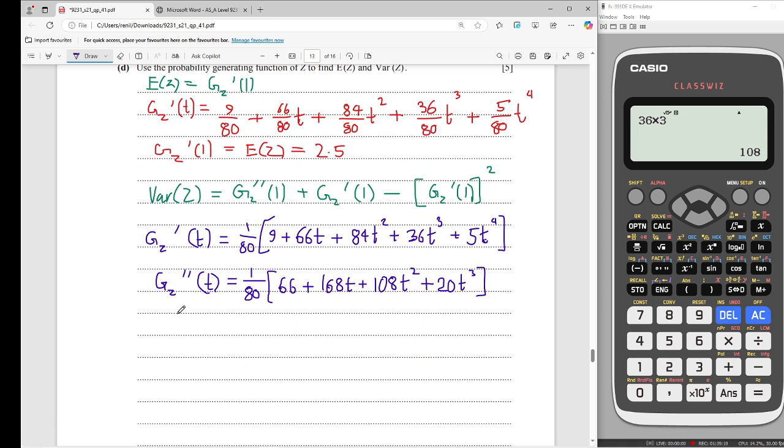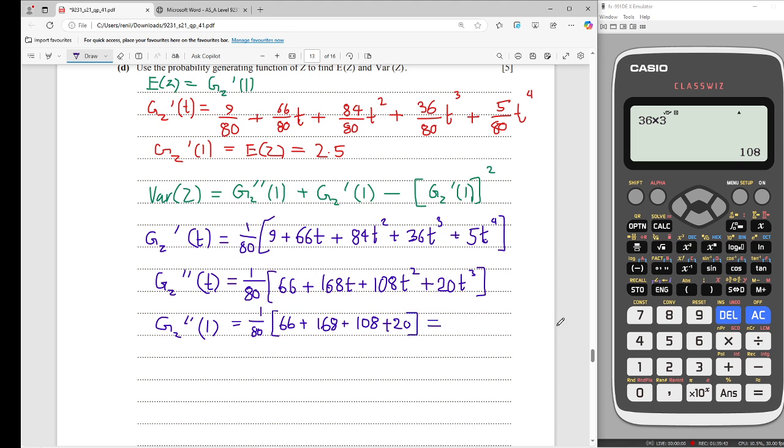Okay, now to find G_z double dash 1, it is equal to 1 by 80 multiplied by 66 plus 168. Once again, we're just adding up the coefficients. 168 plus 108 plus 20.